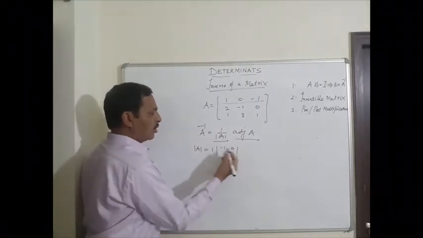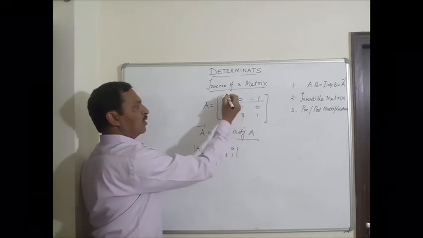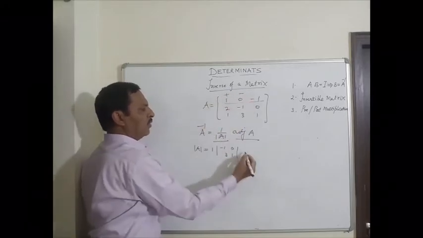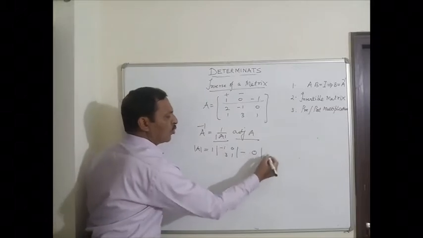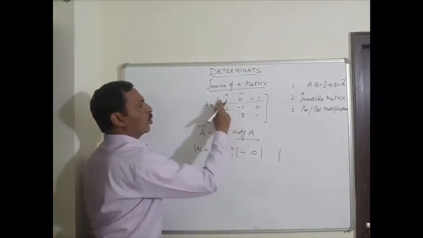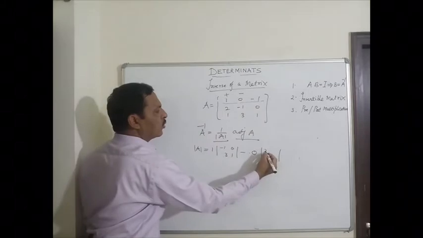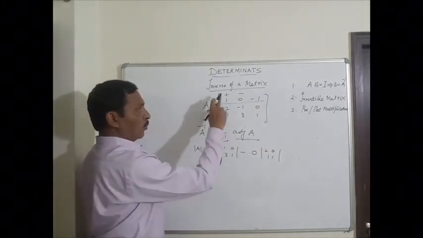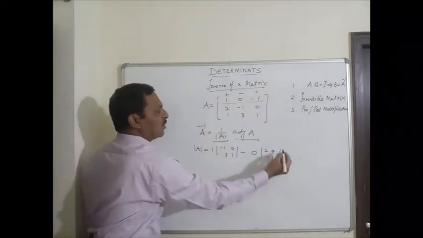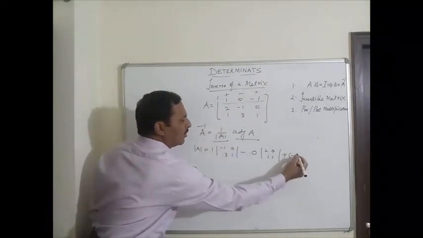For this element, the signs are plus, minus. The element is 0, and what is the cofactor for this? Row deleted, column deleted, it's 2, 0, 1, 1, with plus, minus, plus signs. So plus sign, the element is minus 1.